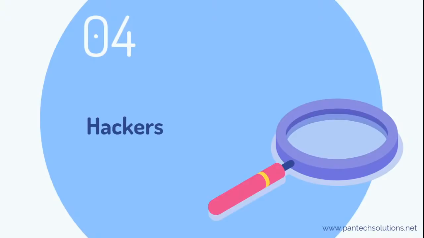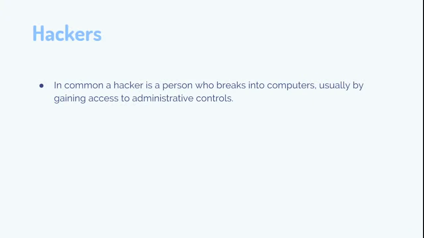Then let's get into hackers. A hacker is a person who breaks into computers, usually by gaining access to the administrative controls. For example, if you are studying in college, you have a lab, and for this whole laboratory you will have one authorized PC, and using that authorized PC we will do all the things.